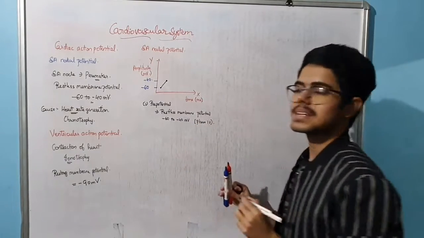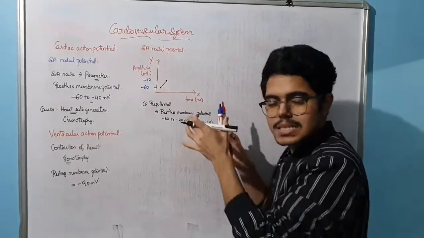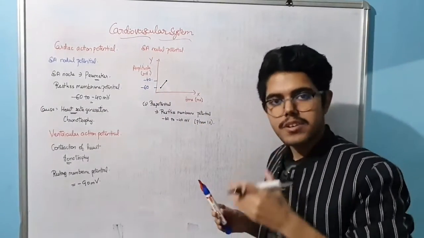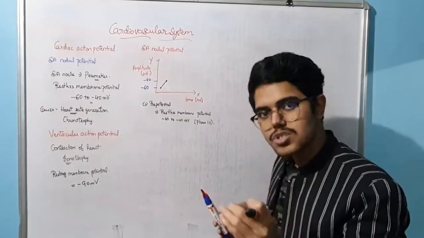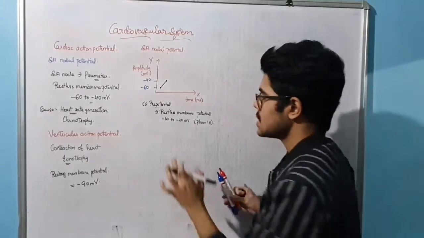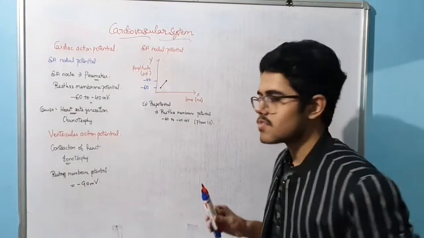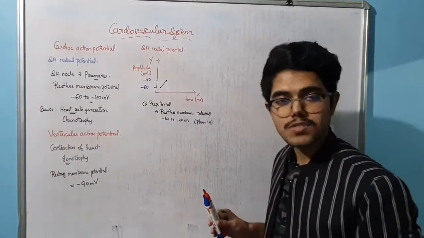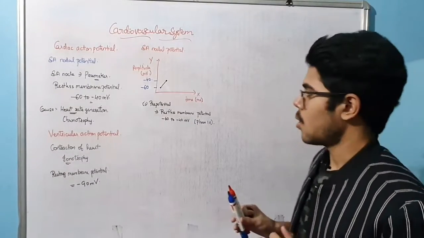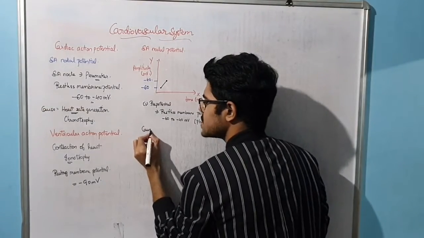We have different phases represented in this diagram, and this pre-potential is phase 4. Understand? Now, what are the causes of this pre-potential?